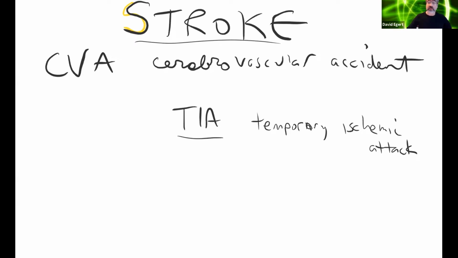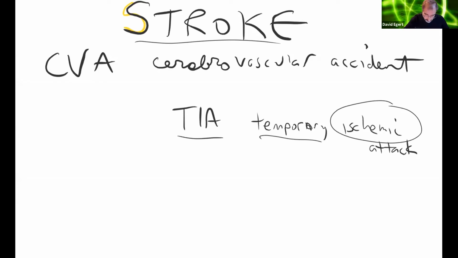All of a sudden part of your body isn't working. But it's temporary. Ischemia is when you have a lack of blood flow. Temporary meaning it only goes for a little bit and then the blood flow resumes and so you're okay again. It's like, whoa, half my body was paralyzed, but now all of a sudden I'm okay again.